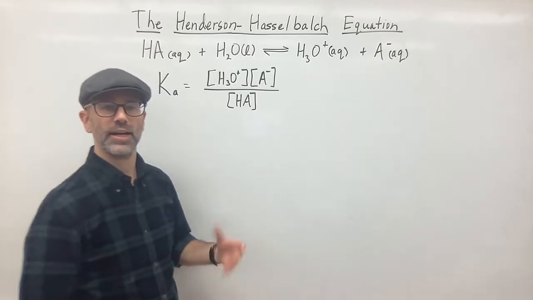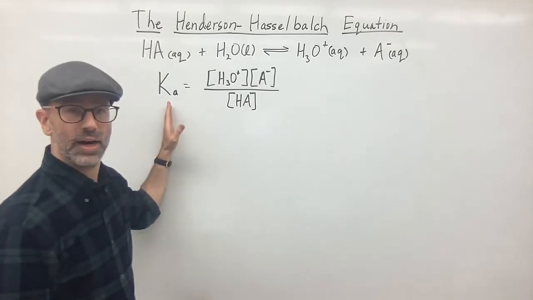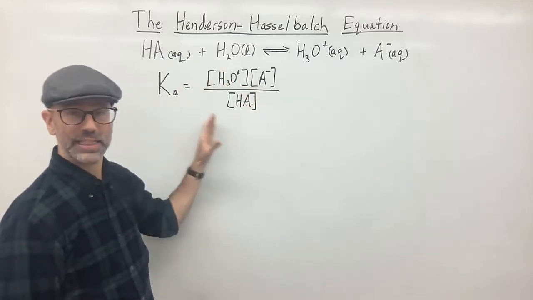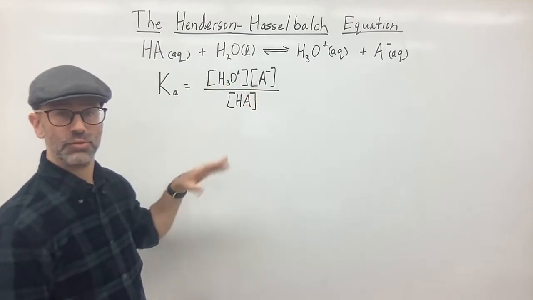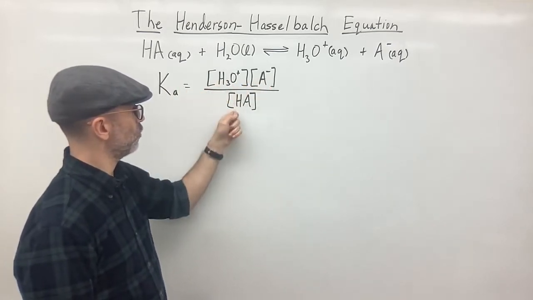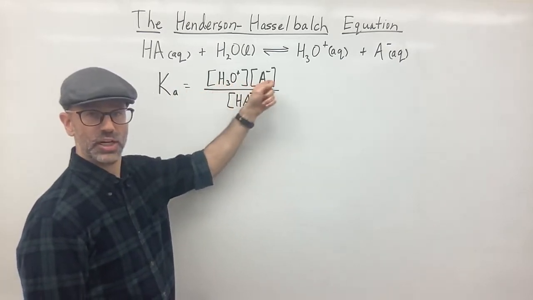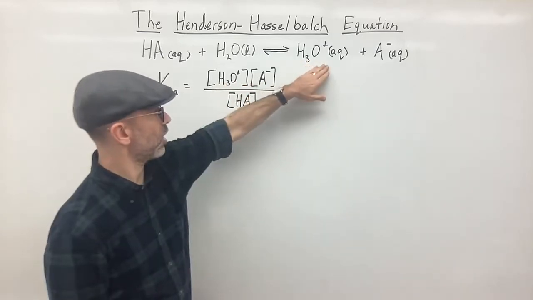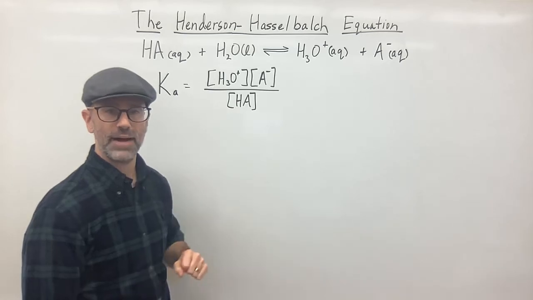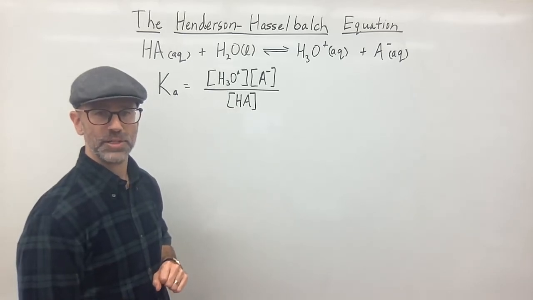And so from there, like normal, we get our acid ionization constant, and we set up our expression in terms of the aqueous solutions. So the products over the reactants, the concentration of these two, these are our products over the concentration of the reactant. And so here we have our expression.